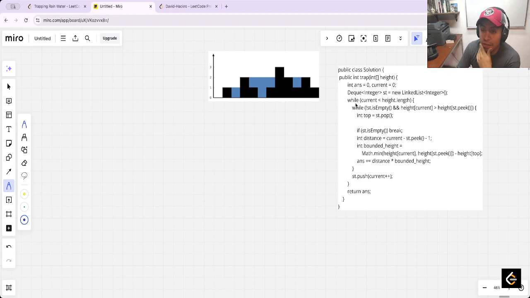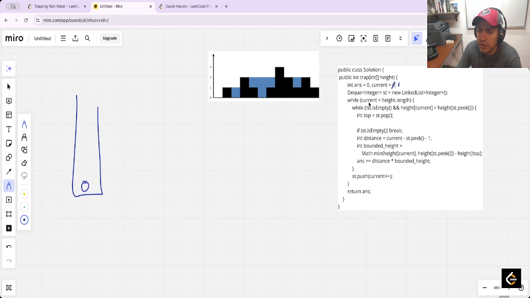Now, current is the index, basically this is a for loop over the elements, okay. Next is while, okay, the first is empty, yes, it's empty, only push the index in the stack, the index 0, because we return current and increase by 1, now this 1.